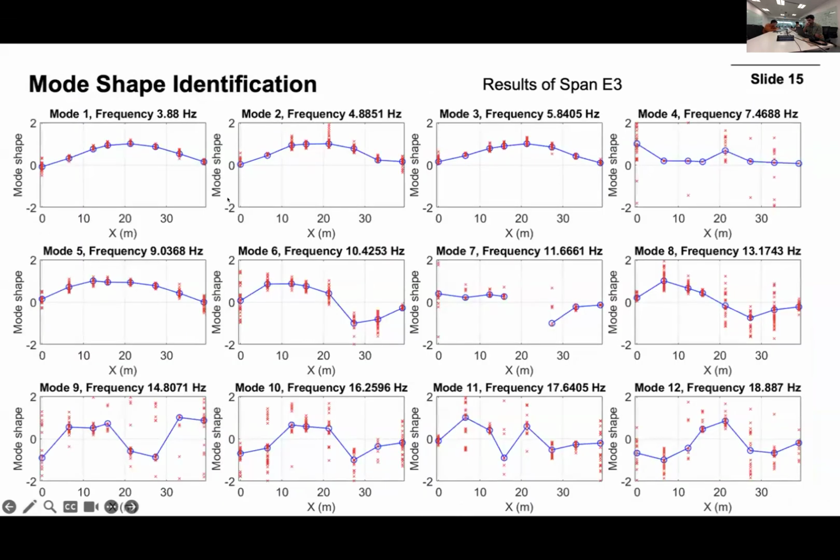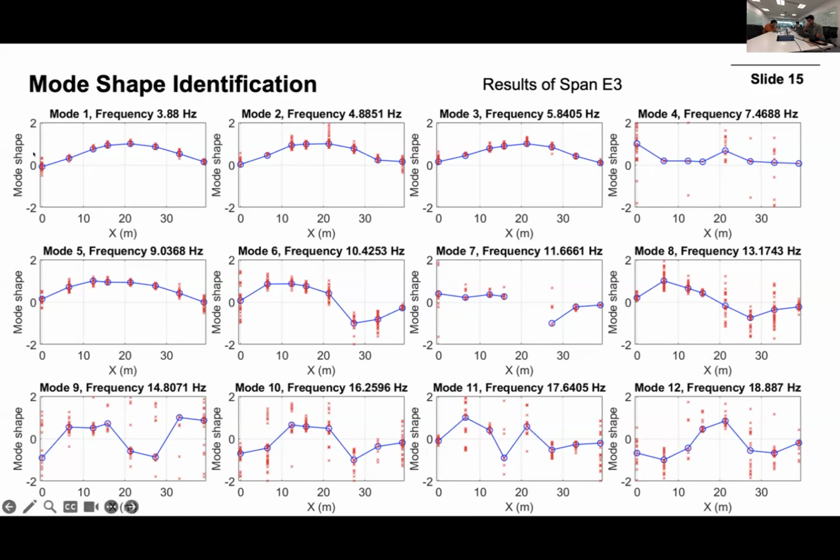And this is the mode shape identification results of the span E3. So you can see here, because we conducted frequency clustering, on each spot, on each stop, we also have many measurement points of those mode shapes.